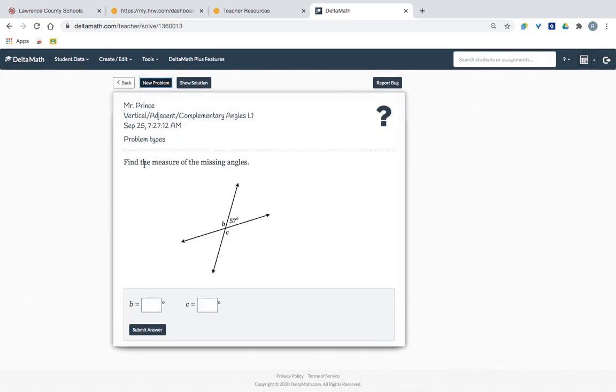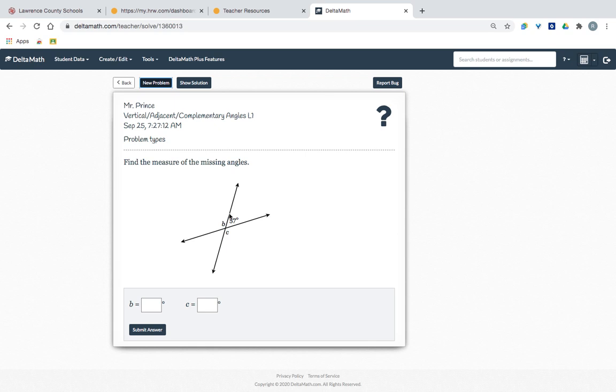Now this says find the measure of the missing angles. This is kind of the new stuff we're going to get into. For this example, you've got adjacent angles, or a linear pair, 57 degrees and B, and then 57 degrees also makes a linear pair with this other line with C. So the entire line is 180 degrees.